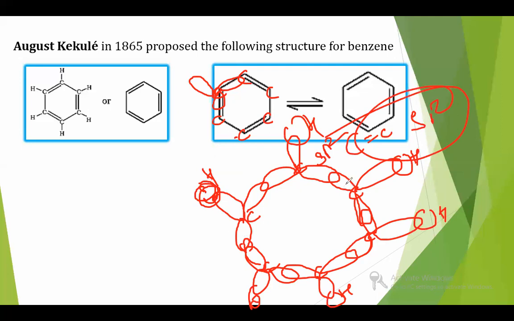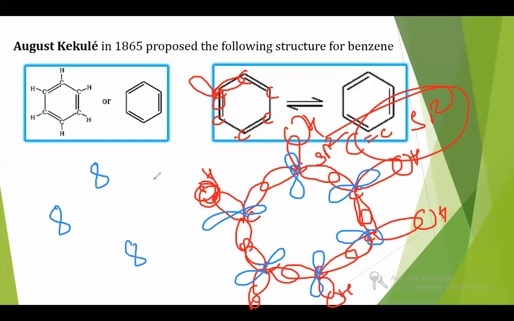In that, the carbons are sp2, with the sigma bond as well as the pi bond. Each carbon is left behind with one unhybridized p orbital. These unhybridized p orbitals are perpendicular to the plane. So here one p orbital, here one p orbital, and so on around the ring, above and below.